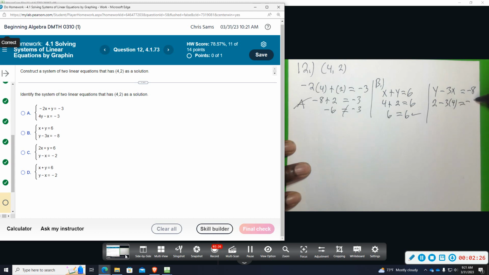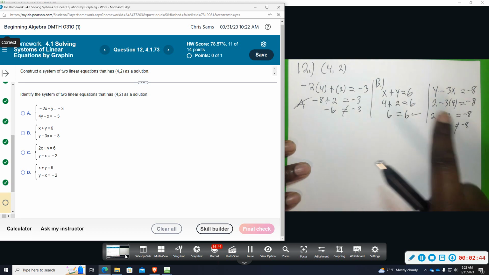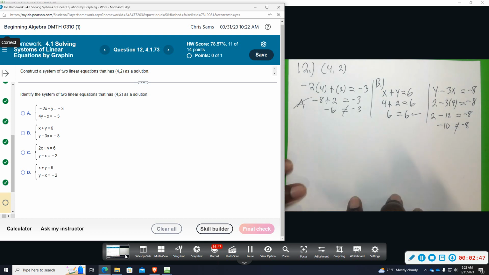Does that equal negative 8? So we get a 2, 3 times 4 is 12, and if I do 2 minus 12, that gives me a negative 10 equals negative 8. Okay, so that one doesn't work. So one of them worked, the other one didn't, so it's not a solution to the system. So B is out as well.